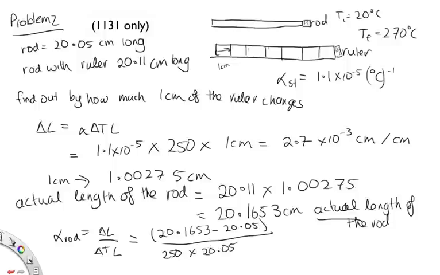These are in centimeters, but this is in centimeters, so those units will cancel out, and that's fine. Putting everything into the calculator, we get 2.3 times 10 to the minus 5 per degree C. And so that's our final answer to this question.